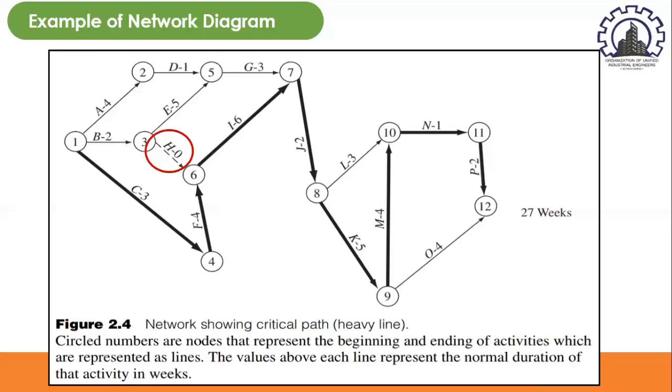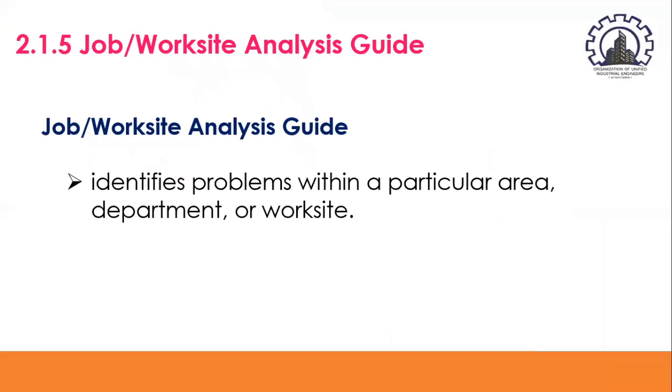And the last exploratory tool that we have would be the job or worksite analysis guide. Now, like I said earlier, the job or worksite analysis guide identifies problems within a particular area, department, or worksite. So before collecting quantitative data, we need to make sure that the analyst first walks through the area and observes the worker, the task, the workplace, and the surrounding working environment.